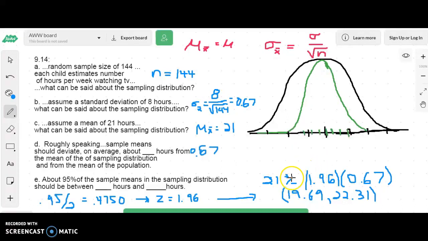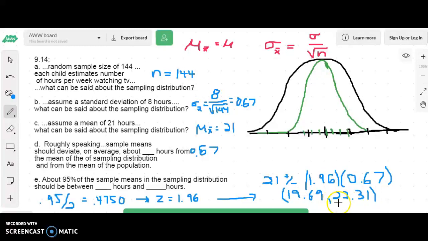Now remember, this plus or minus means we're going to do this twice. We're going to go 21 plus 1.96 times 0.67. That'll give us the value of 22.31, roughly right around here. And then 21 minus 1.96 times 0.67, or 19.69.